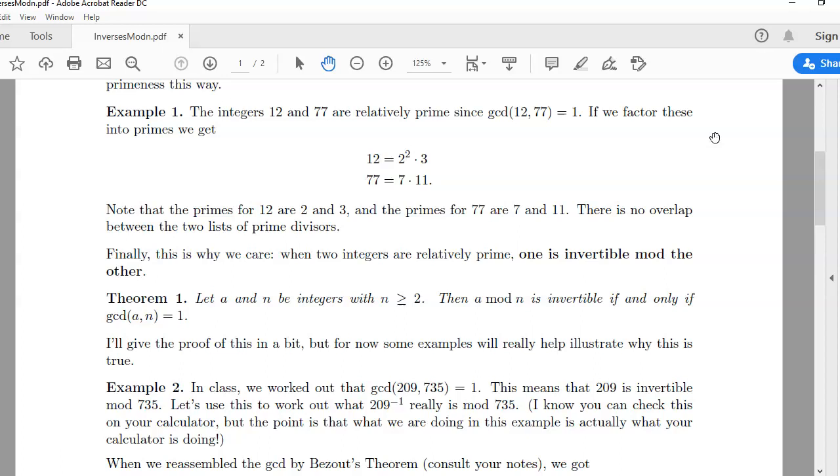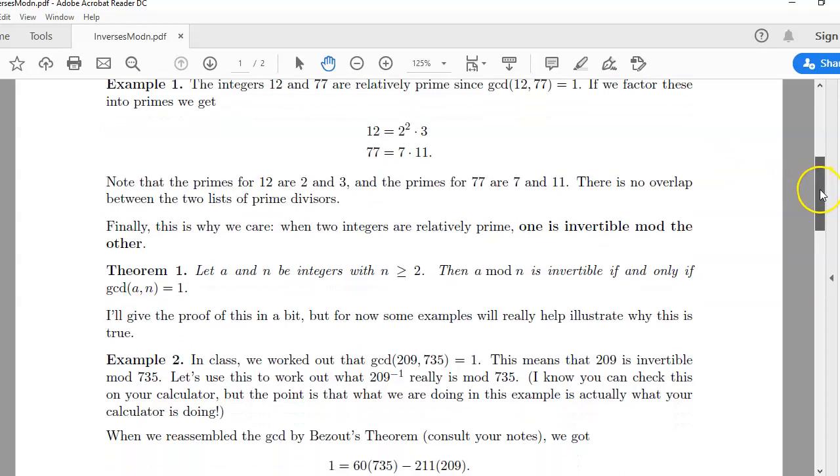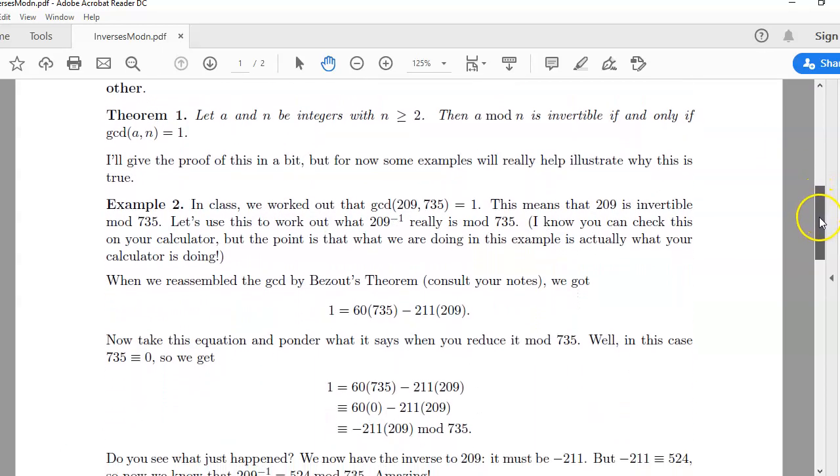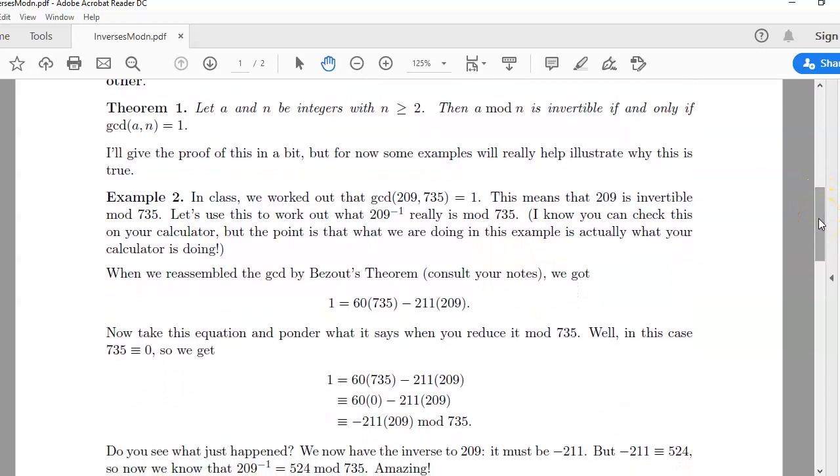That's the content of Theorem 1: a is invertible mod n if and only if the GCD of a and n is 1. And that's why we care, okay? The things that are going to be invertible mod n are exactly the things that have a GCD of 1 when compared to n. I'll prove this at the end of the handout, but for now, let's do some examples, because an amazing thing happens from this.